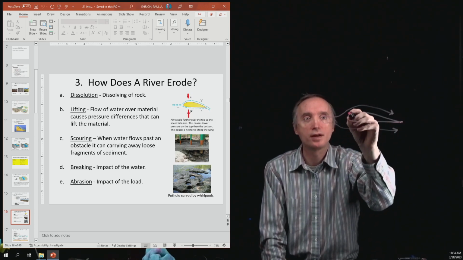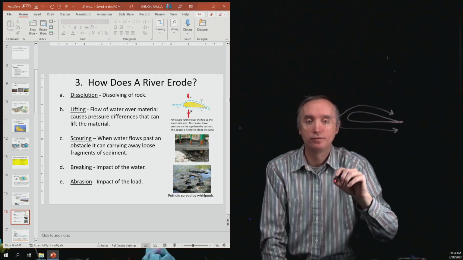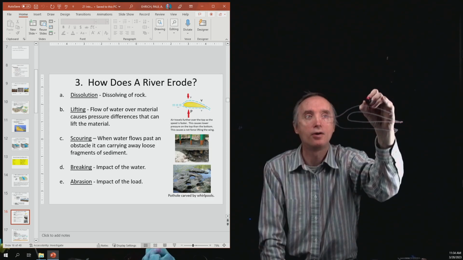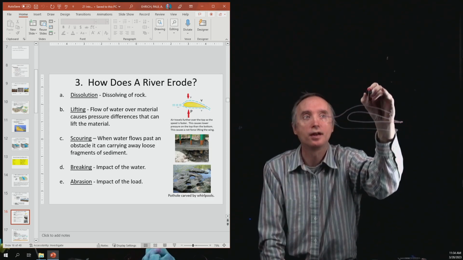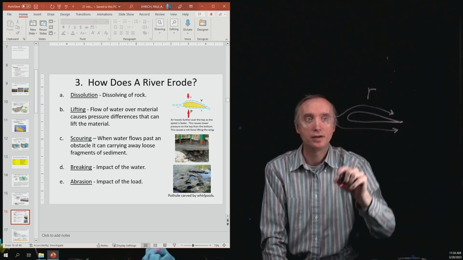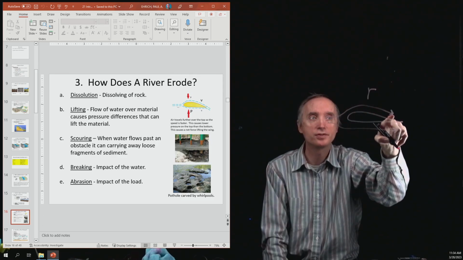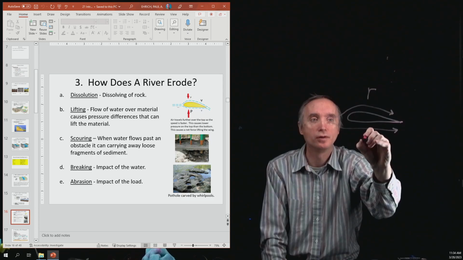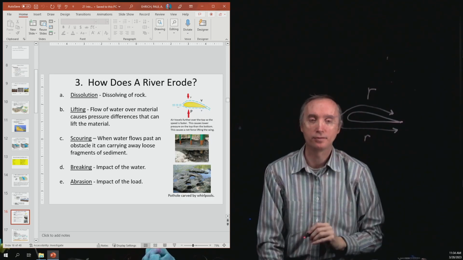Notice that the air has to travel a further distance. Let's use the letter R for distance. I'm going to make a big R because it's traveling a further distance going this way than it is going underneath it, so I'll use a little r down here.